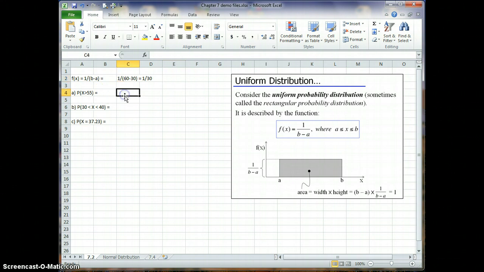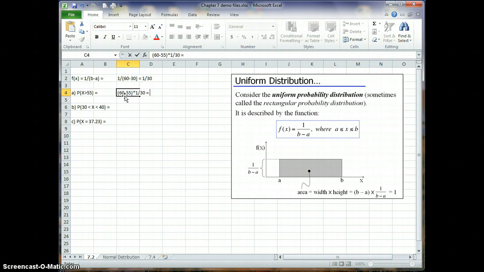So in this case, the probability that the student requires more than 55 minutes to complete the quiz, the calculation is going to go like this. It's going to be 60 minutes minus 55 times 1 divided by 30.